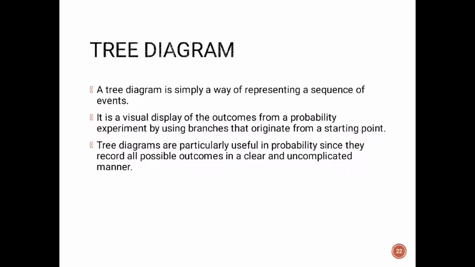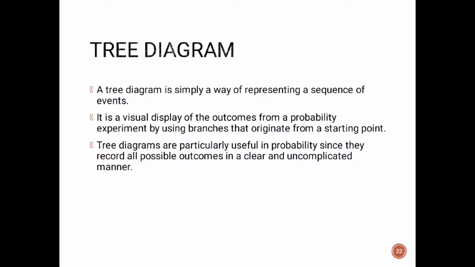A tree diagram is a simple way of representing a sequence of events. It is a visual display of the outcomes from a probability experiment by using branches that originate from a starting point.